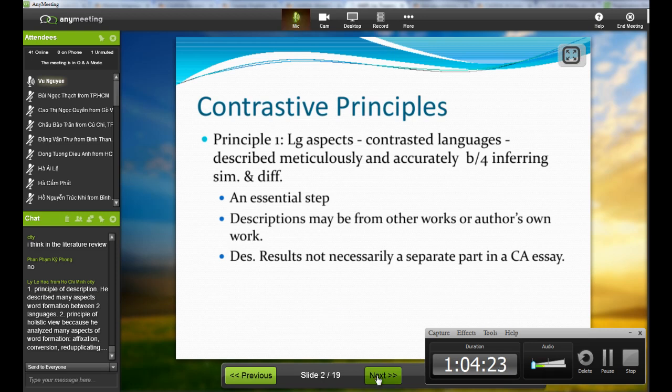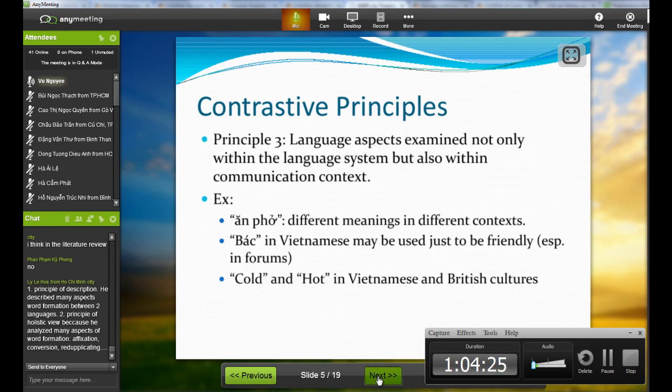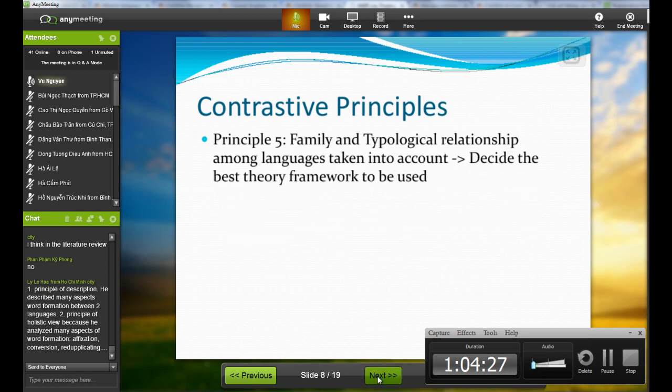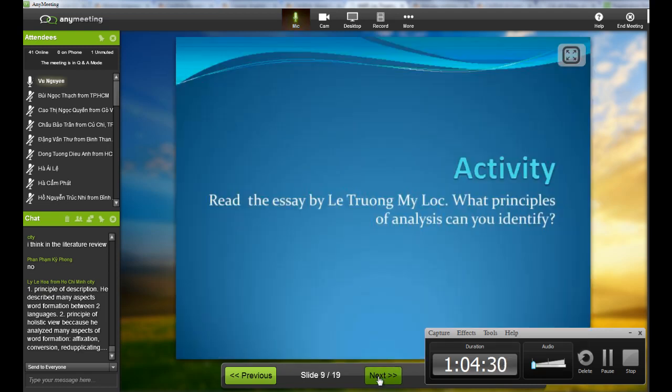All right, so by looking at that essay, I hope you have some sense of the kinds of principles that we need to keep in mind.